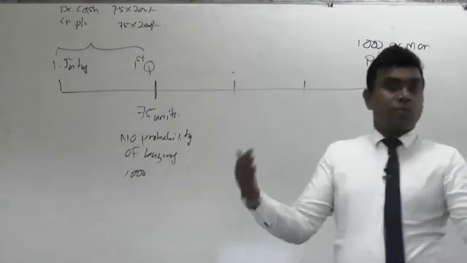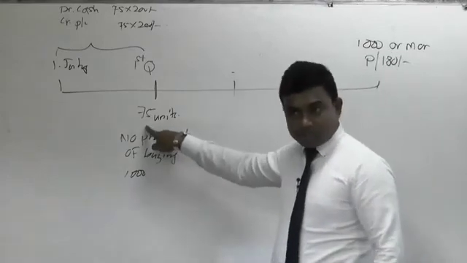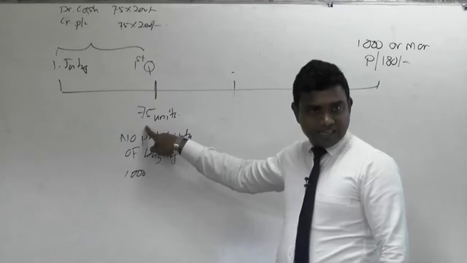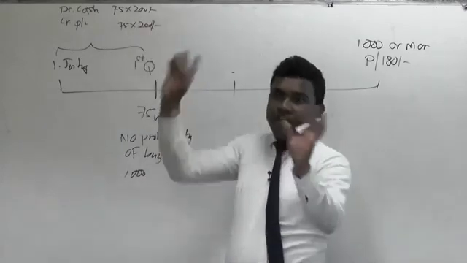Clear? Because there is no probability of buying 1,000, since they have bought only 75 units per quarter. Therefore, you will consider the original price agreed, no reduction.